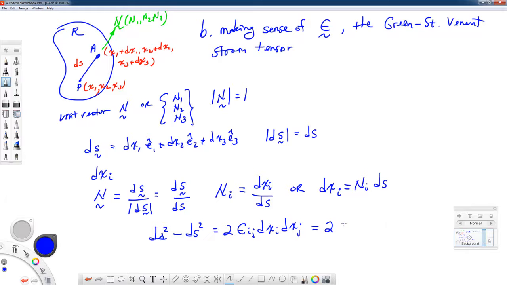So we're going to write this as 2 epsilon ij ni ds nj ds. And right now ni and nj are both the same vector. They're both pointing from P to A. Let's make a little note of that up here.